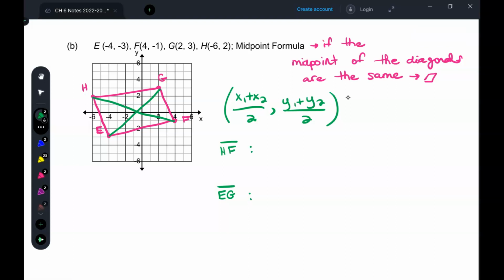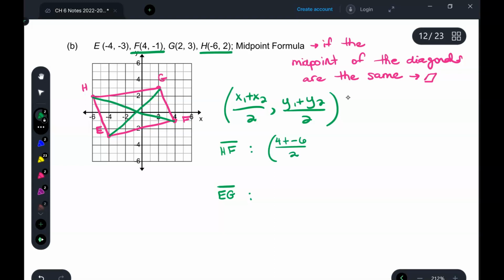Okay, so H and F. So 4 plus -6 over 2, and then -1 plus 2 over 2. So that's going to be -1 comma 1/2.